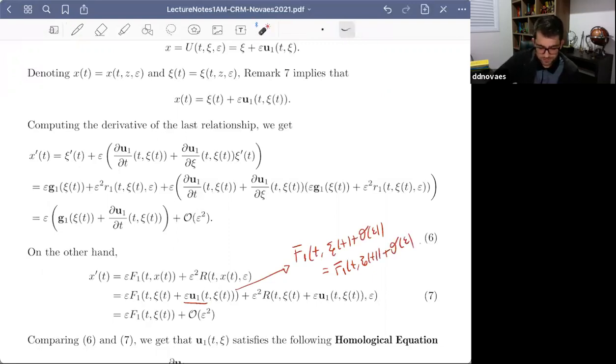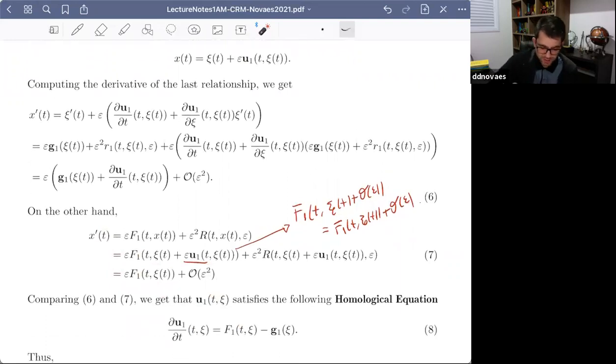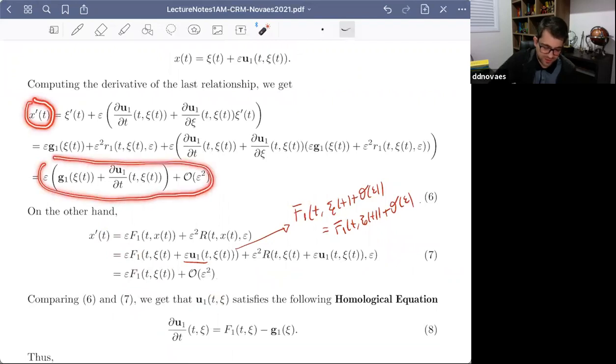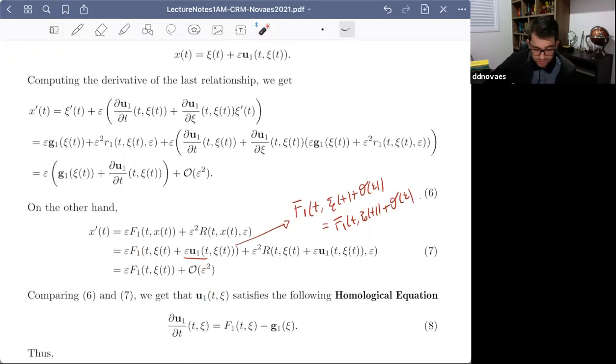Okay, so this is what we get: x'(t) is equal to epsilon times f1(t, c) plus order of epsilon squared. Comparing this expression for the derivative of x and this expression for the derivative of x, since they must coincide for every epsilon, we have that this coefficient coincides with these coefficients.